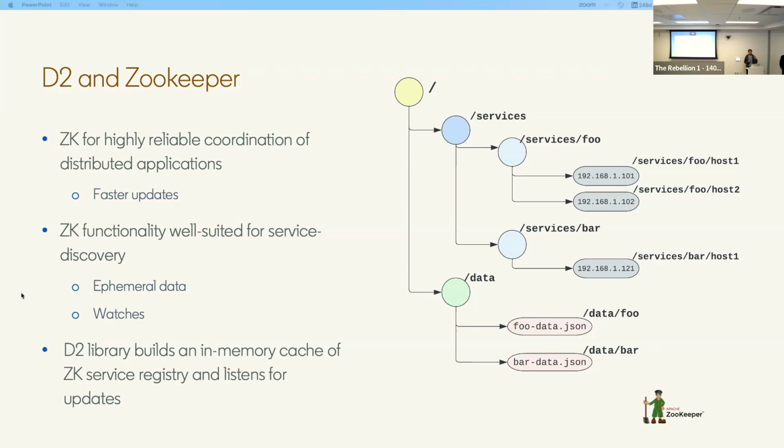And we are going to configure watches on the directories foo and bar so that if there is any host addition or deletion, we are notified and we can update our in-memory cache. And the data directory is basically used to store some configuration data for our load balancing for these two services.